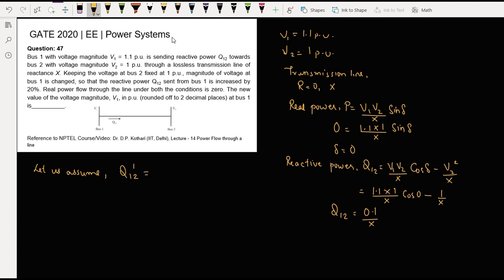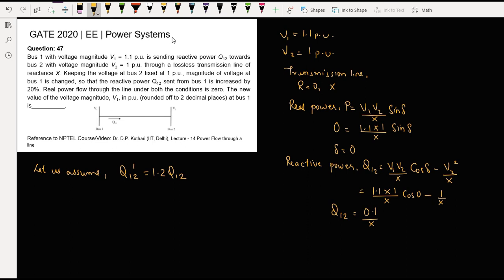This can be written as 1.2 times Q12. Also, the bus voltage at bus 2 is fixed at 1 per unit, right? And V1 is changed. So we have to find out this new value of V1 at bus 1.